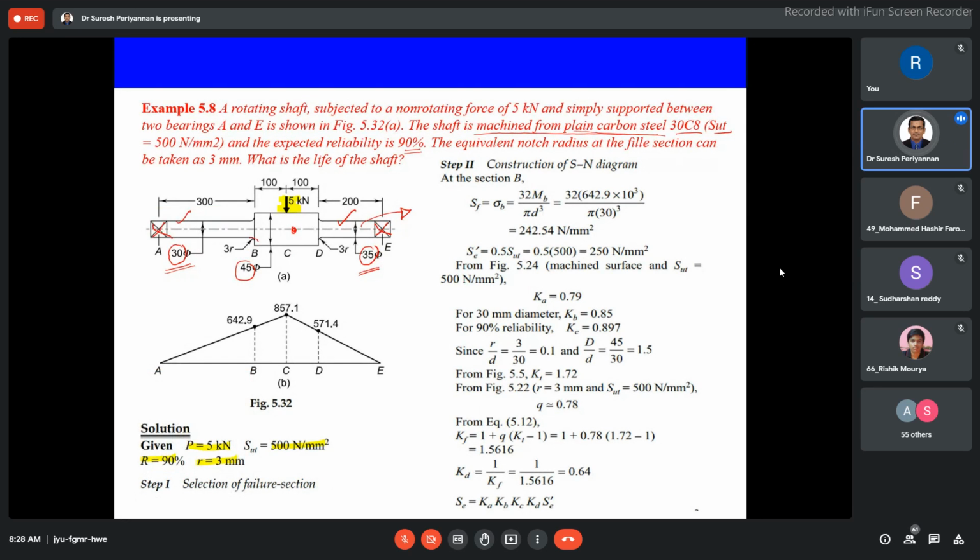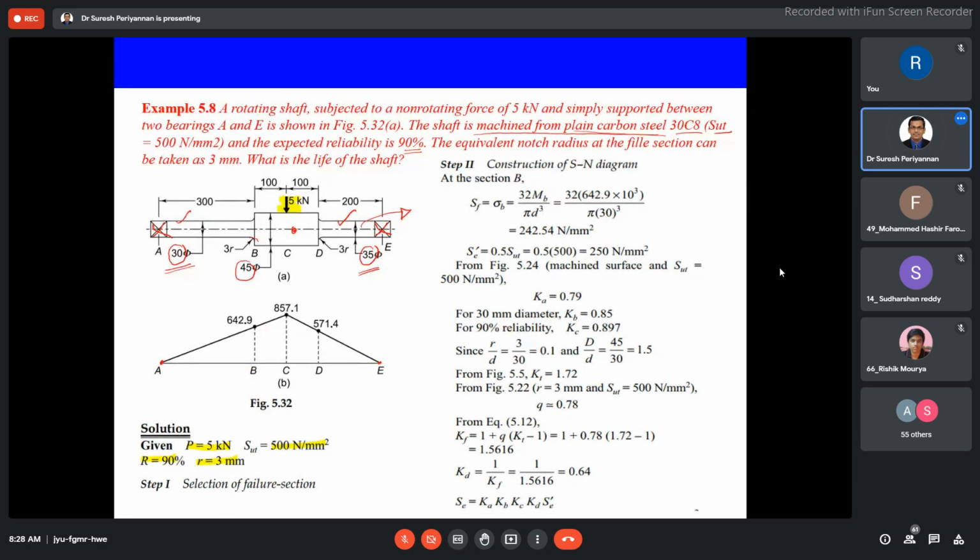Now come to the SN diagram. This is the usual concept to find the reaction force at E and the reaction force at A, and what forces are acting here.